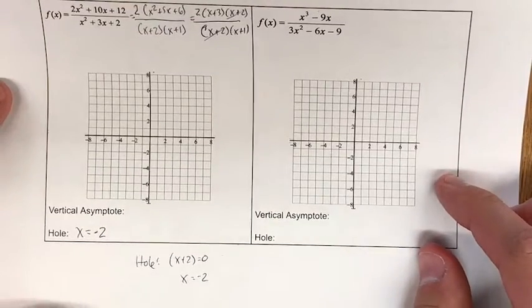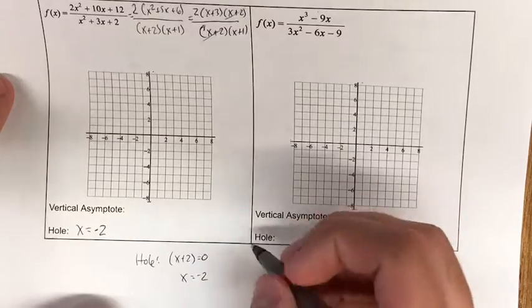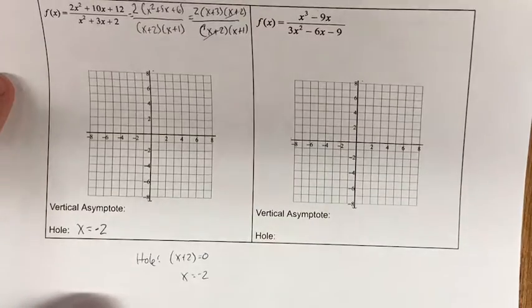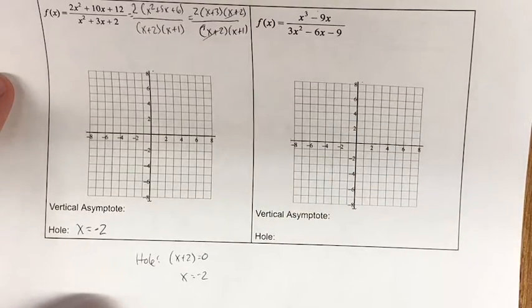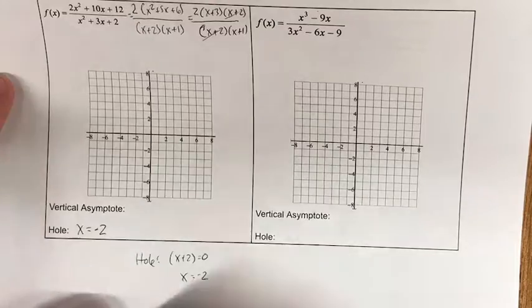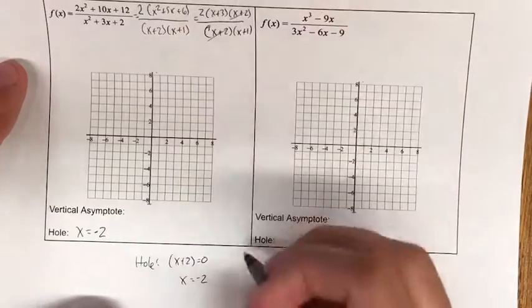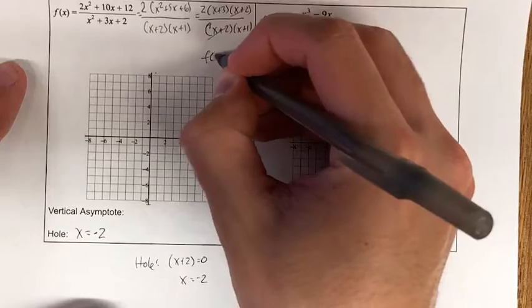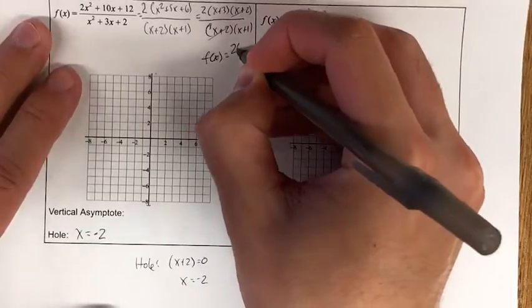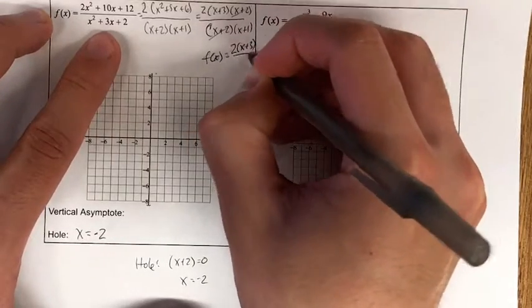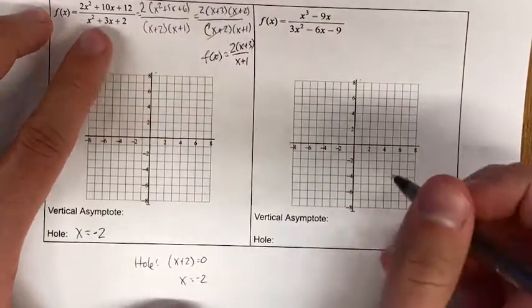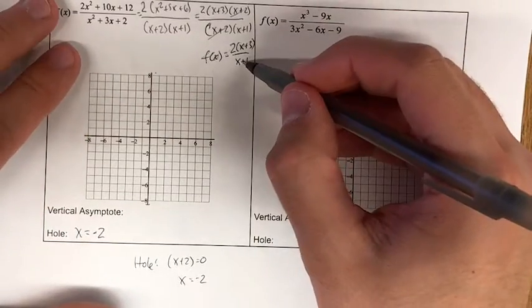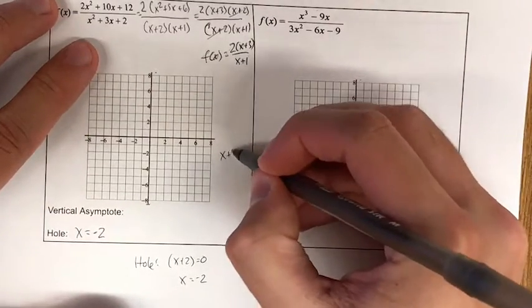For our vertical asymptote, we rewrite our function post-cancellation. So we'll have 2 times (x + 3) over (x + 1). And then we set the denominator equal to 0, which in this case would be x plus 1.